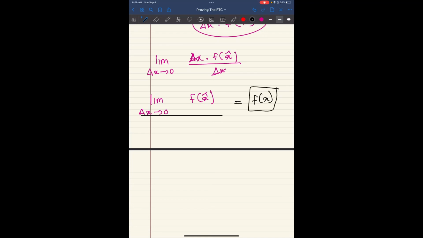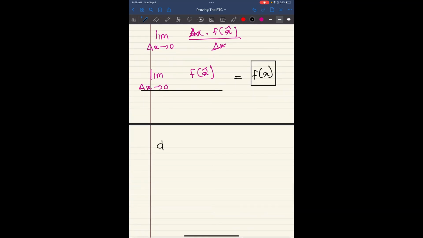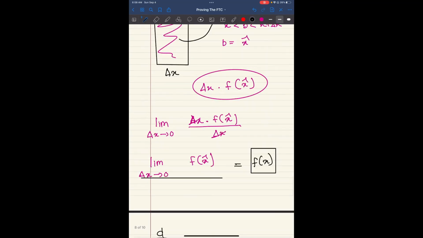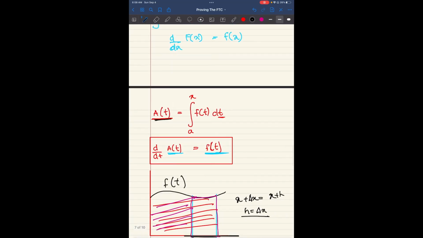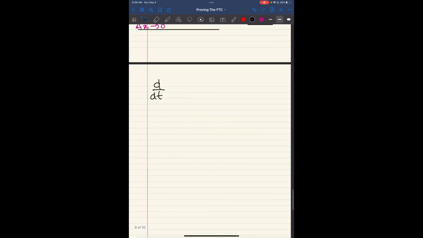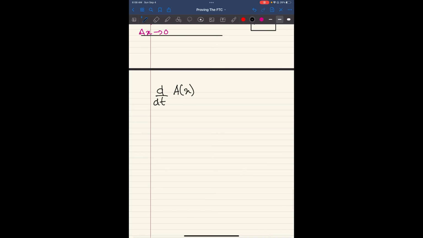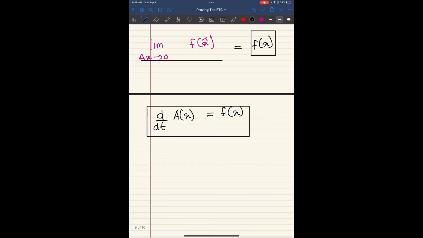So now what we've done is that we've proved that the derivative of a of x is equal to f of x. This is what we've proved over here. And since a of x is the area function, the fundamental theorem of calculus holds true.